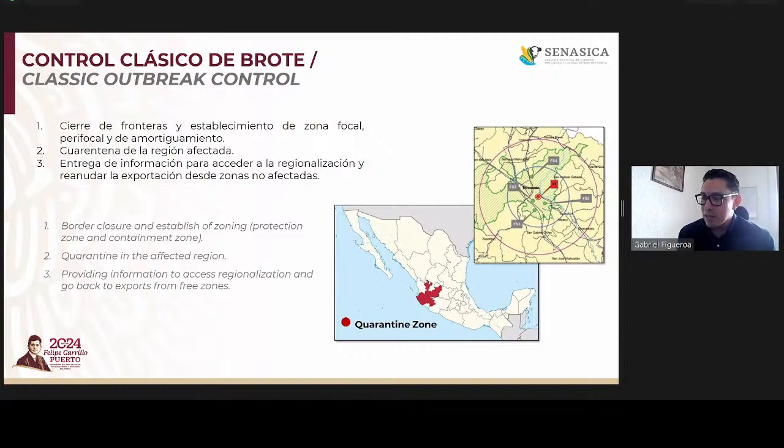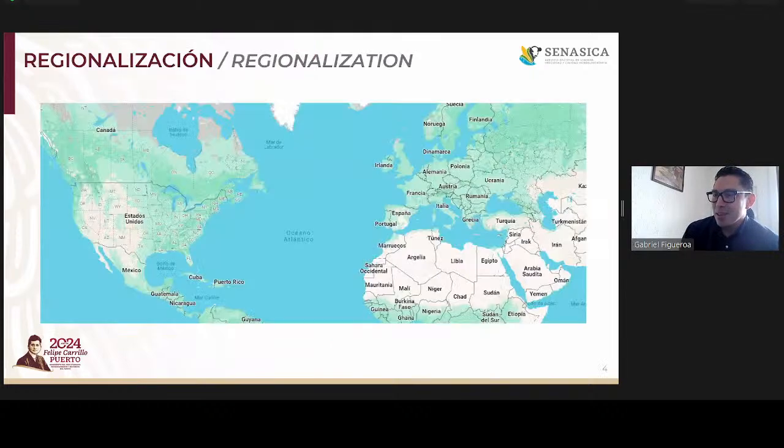And then the purpose of having an epidemiological team is to gather all this information for sanitary or health-related events, for the application of emergency measures, in order for this data to be shared with our trade partners. And somehow they can have some certainty of keep on having trade based on the areas that are not infected, or to have everything blocked, which is going to take longer, of course.